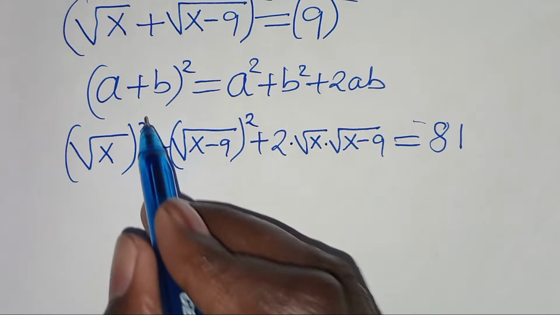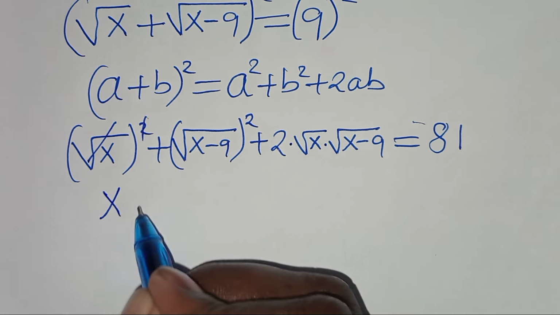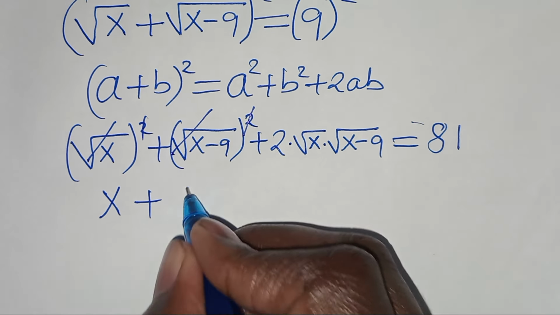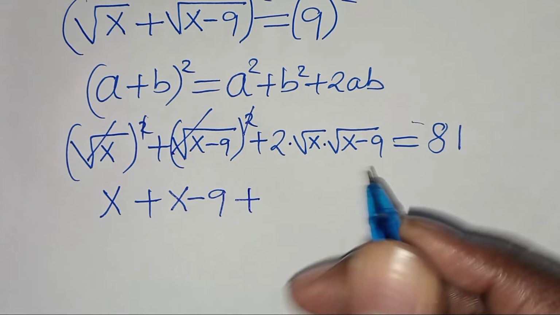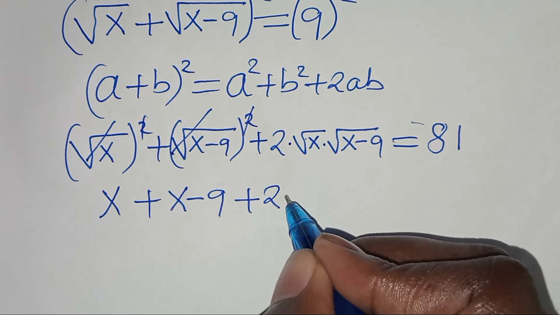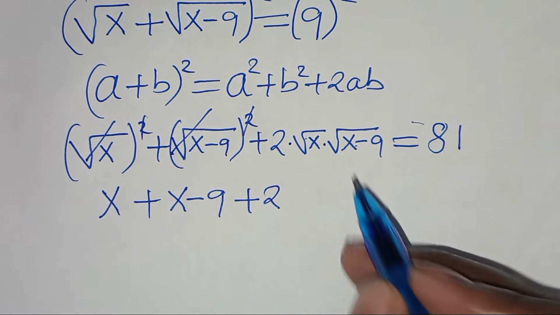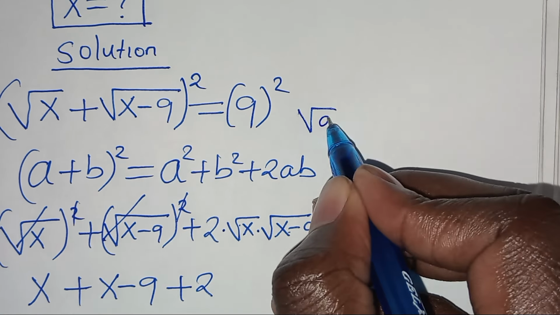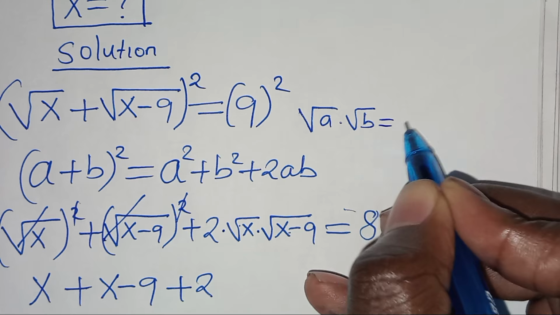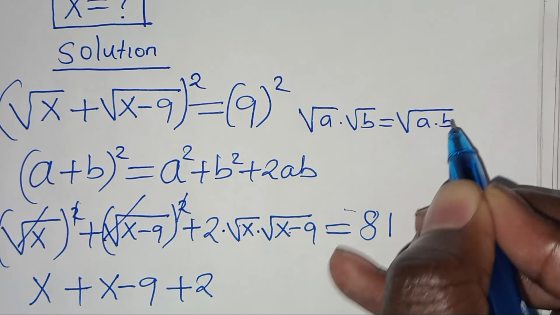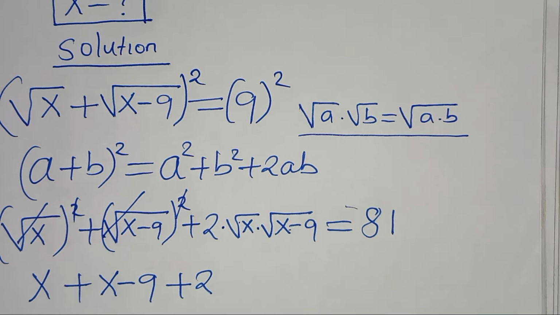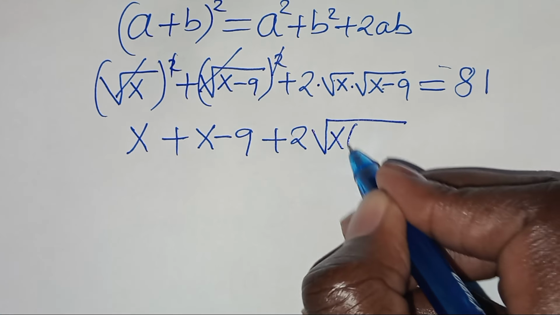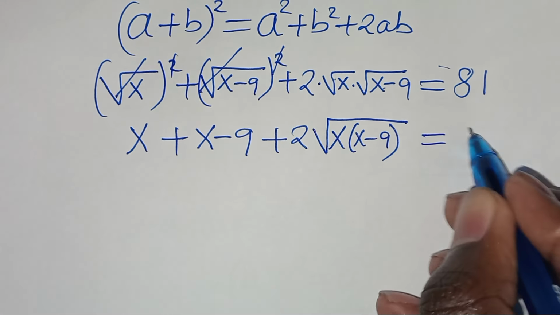The next step: square root of x squared, we eliminate the square root sign, so this is x, plus x minus 9, plus 2 times square root of x times square root of x minus 9. This is in the form of square root of a times square root of b, which we can express as square root of a times b. Let's apply this property: square root of x times (x minus 9) equals 81.